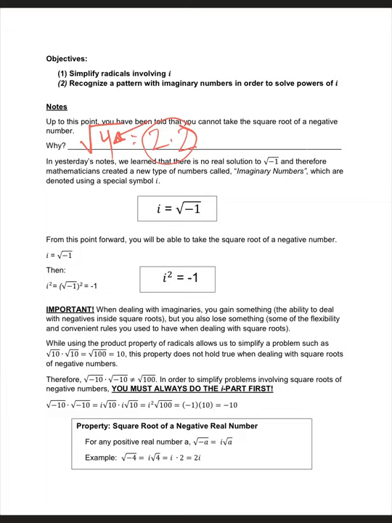Yes? Okay, now, the reason we can't take the square root of a negative number, so if we think about the square root of negative 4, what two numbers are the same that when multiplied will give me negative 4? Hopefully you guys know there aren't two numbers, because in order for us to get a negative number, one of those numbers has to be negative. So I have 2 times negative 2.